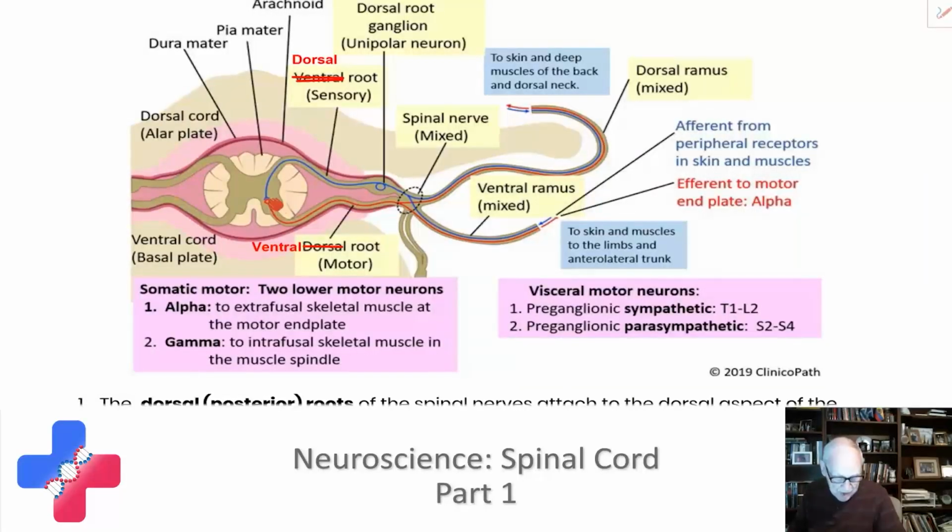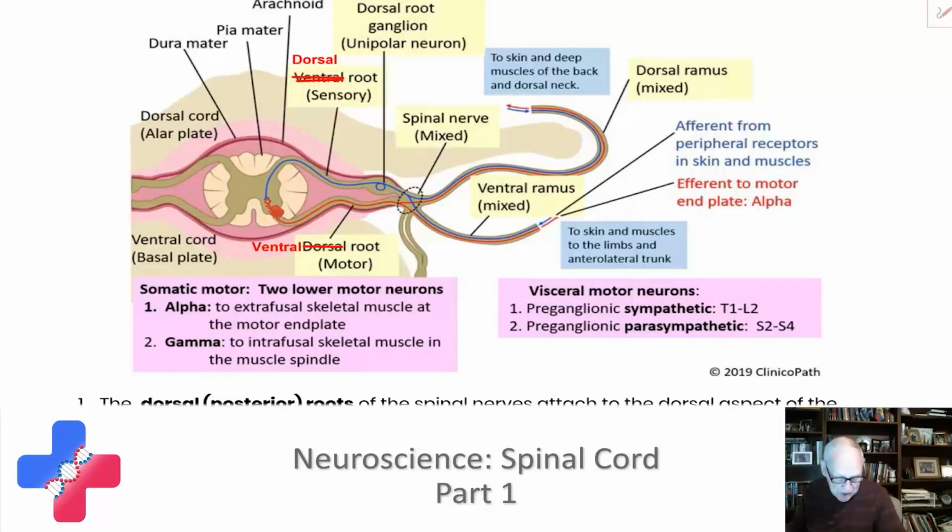And you'll notice these alpha and gamma, as indicated by the red line, have their origin in the ventral gray, the ventral horn of the gray matter. So again, you're going to have alpha and gamma coming out. Now, the alpha is more predominant, probably up to 2/3 to 3/4 of all the lower motor neurons are alpha, and a smaller number, 1/3 or so, will be gamma.